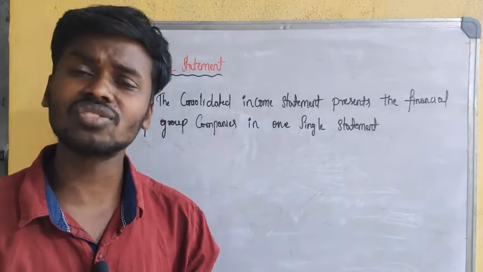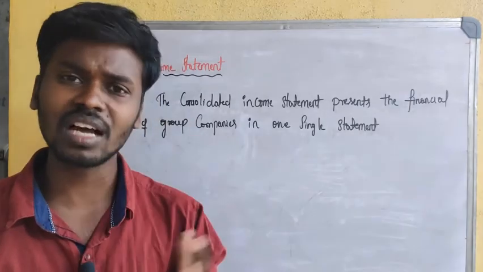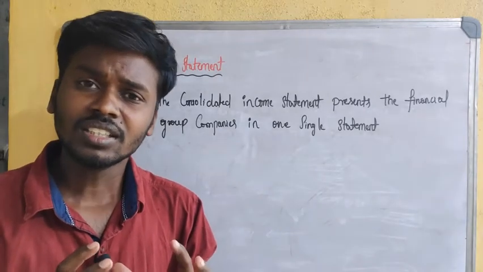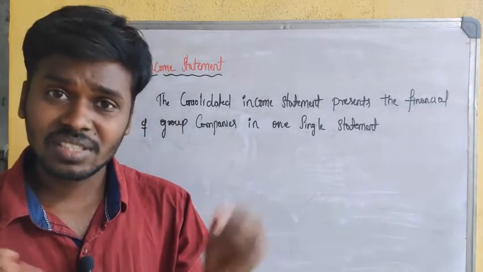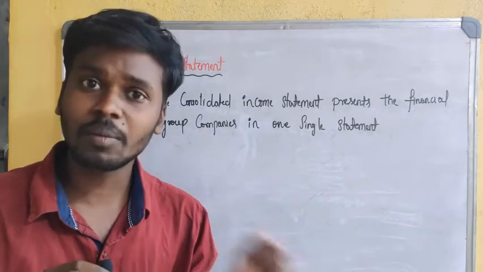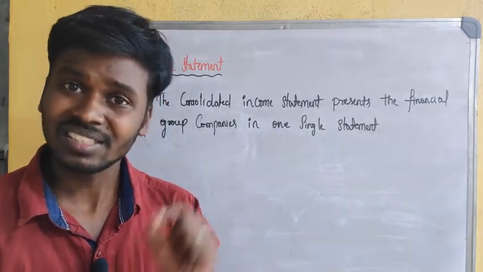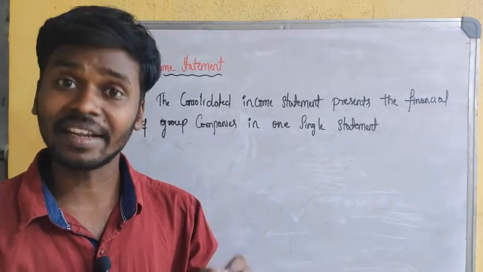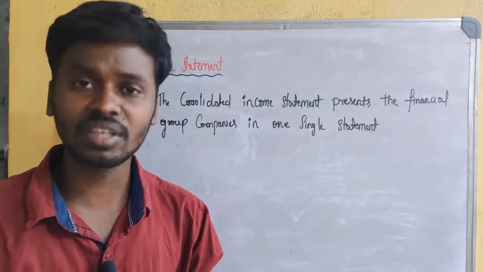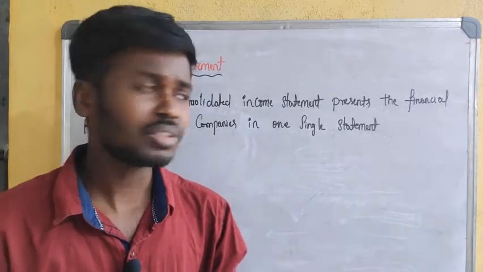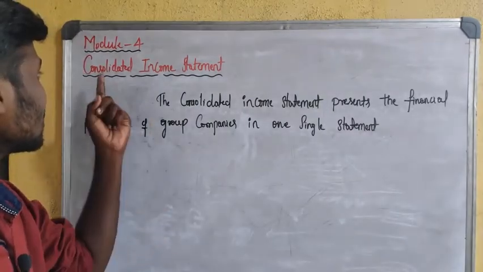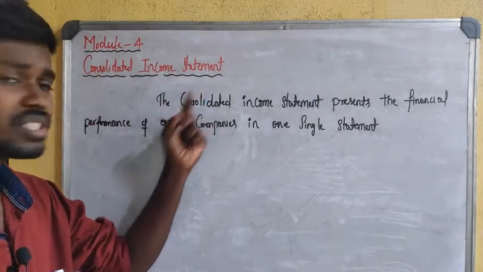There you have the concept of holding company and subsidiary company. When the assets and liabilities of both companies are represented together as a single entity in a single statement, it is called a consolidated financial statement. So in this module, module 4, we are going to discuss the consolidated income statement.